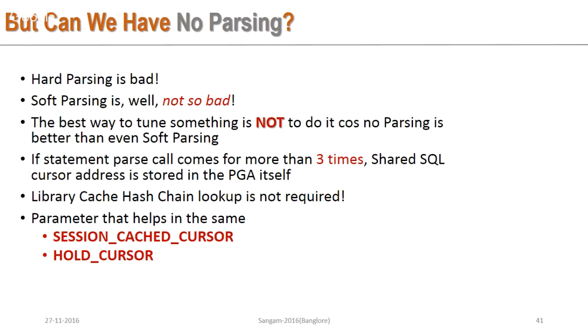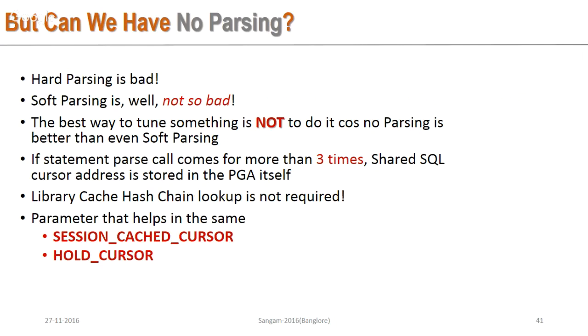The no parsing is done with the help of a parameter called session cached cursors, which is now set by default, and this happens in case the particular cursor is searched for 3 times. Though it's really not 3 times, actually the third time is the hit they're looking for. Only in the 2 times itself, they can decide that they will be going for this no parsing concept. They put a lock on the cursor in the second part itself.